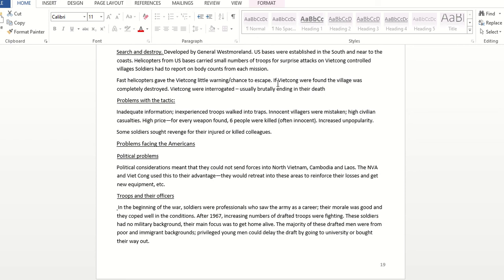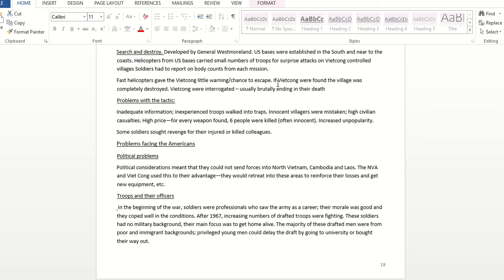This sounds like a good idea because it tried to avoid any peasant casualties. However, often the information about Viet Cong hideouts was wrong. There were inexperienced troops, and often they walked into traps.